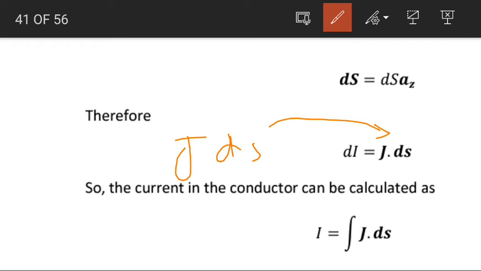J dot ds will be equal to Jds, because J and ds are in the same direction. So this is the differential current, and this differential current will be in the small portion of the cross-sectional area of the conductor. If you want to find out the total current, we need to integrate this particular equation, and the integration will give you the total current in the conductor. So the current in the conductor will be equal to the integral of J dot ds.